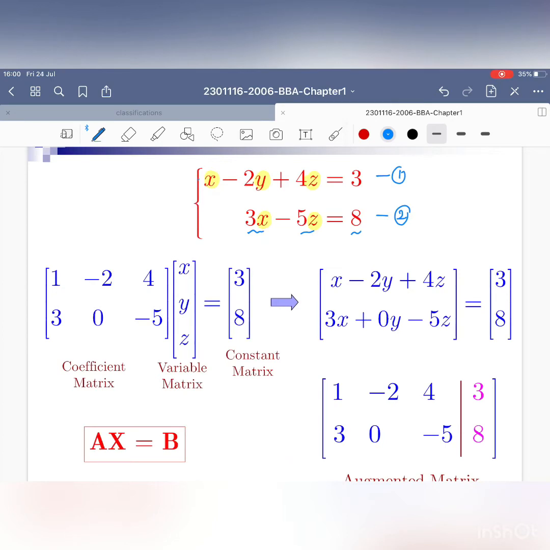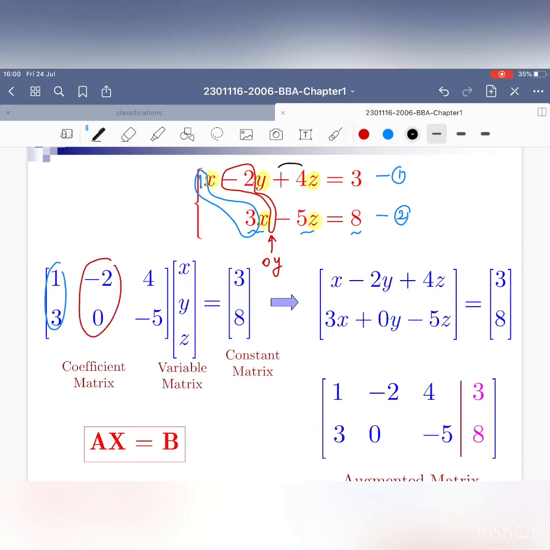So you just do the same thing. The first column is your coefficient for the x, which is 1 and 3. Your second column is the coefficient for the y, but in your second equation there is no y, so the coefficient of y is 0, so you have negative 2 and 0.